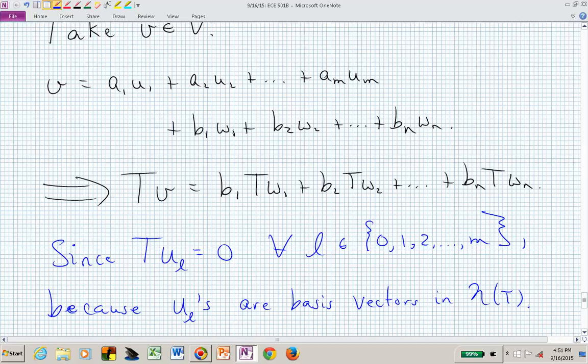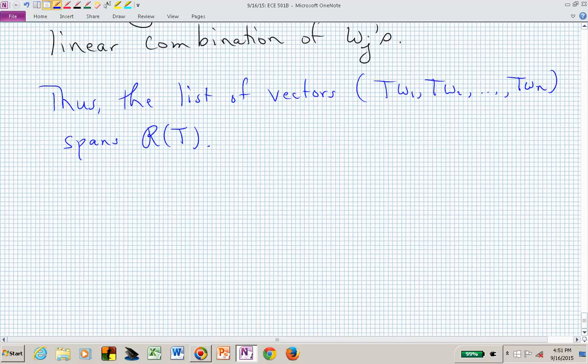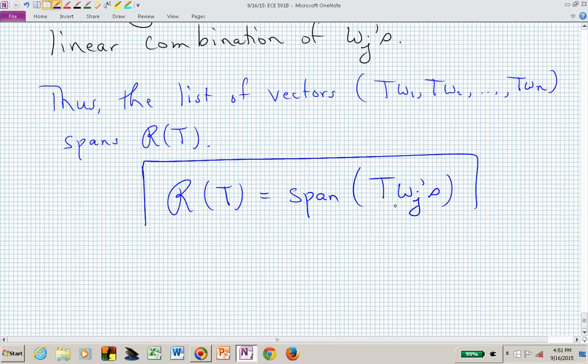Now I'm saying these TW1, TW2 are vectors in capital W, and the B's are scalars. I'm going to write that then as a box. The range of T is now in the span of the TW_j's.